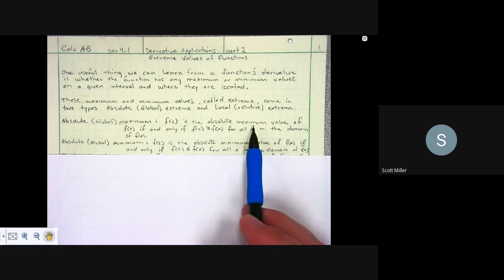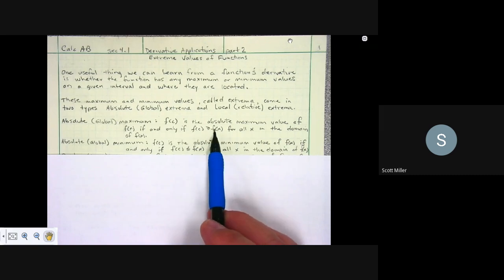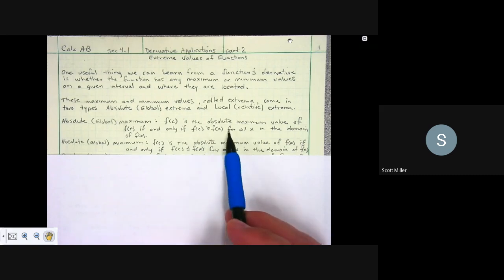Let's take a look. So here's your absolutes, max and mins, basically the same definition, just one's a max and one's a min. So we have a function defined at c, so f of c is an absolute maximum value if and only if the y value at c is greater than all other y values for all the other x's in the domain that we're looking at.